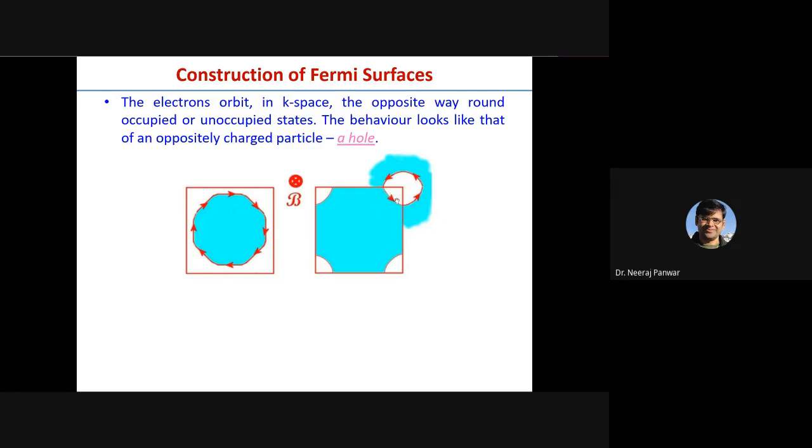Whenever the electron moves in such a way, it behaves as if it has a positive charge. This positive charge is a hole. That's why I said, if we get a Fermi shape like this for certain metals in which the corners are empty, then they will exhibit a positive value of the Hall coefficient, because in those metals the electron behaves as if it has positive charge, or is equivalent to a hole.